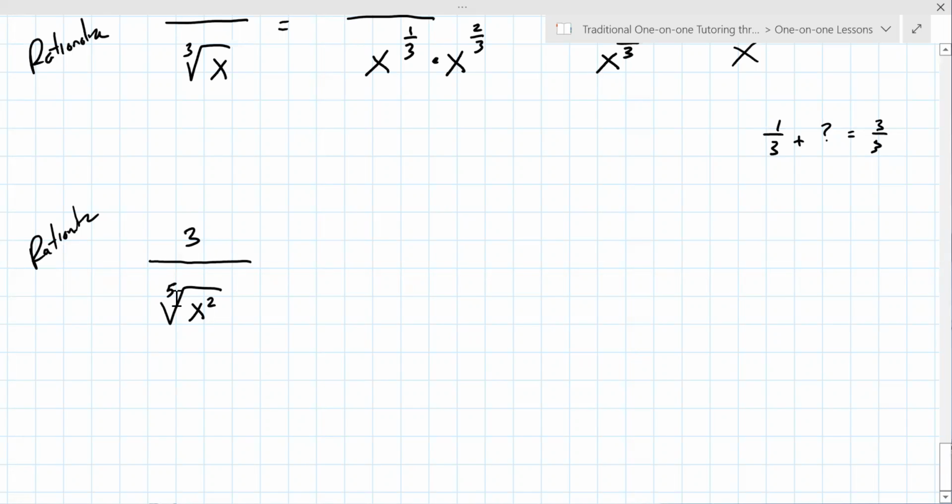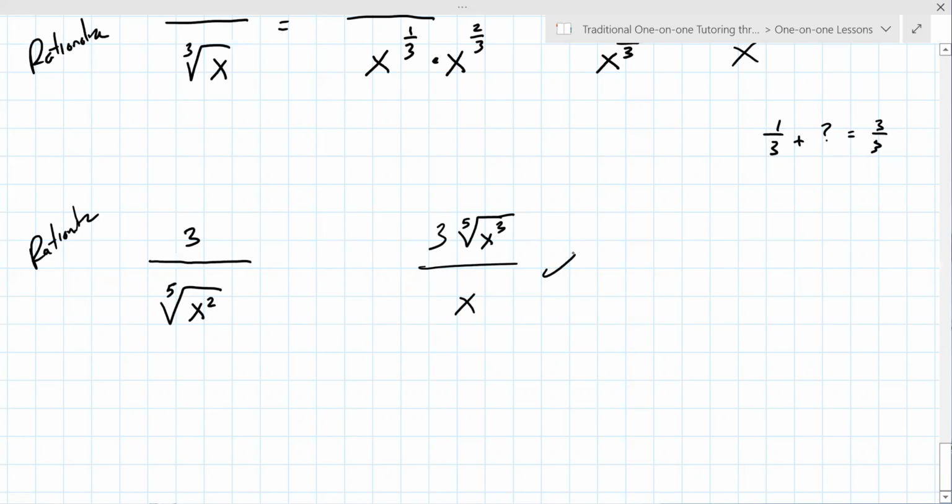Yes, the 5 goes on the bottom. So it would be 5 radical x, and then cubed, over x. Yeah, that's perfect.